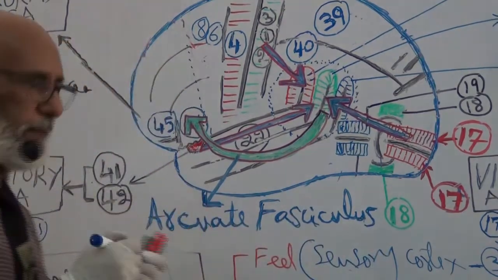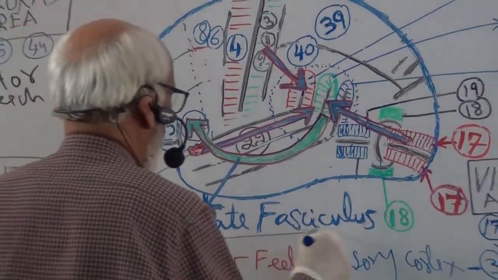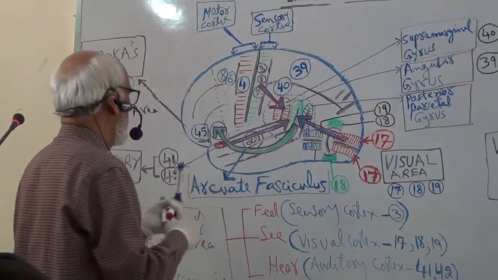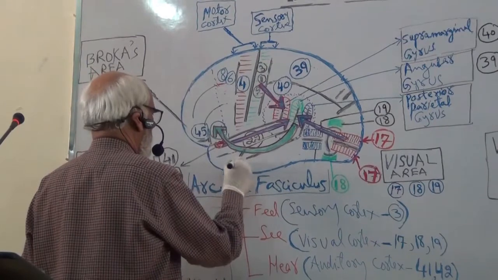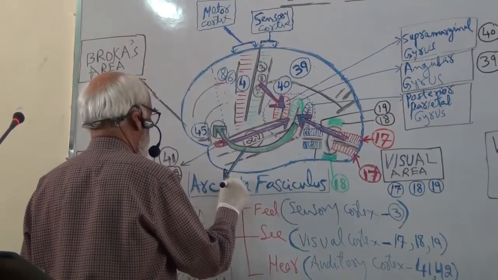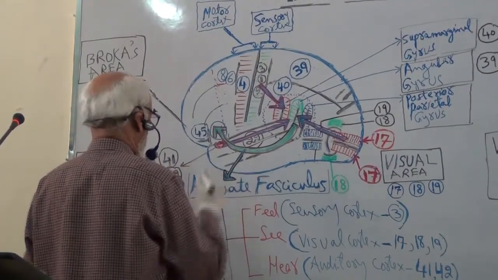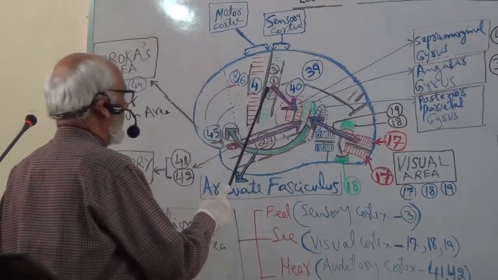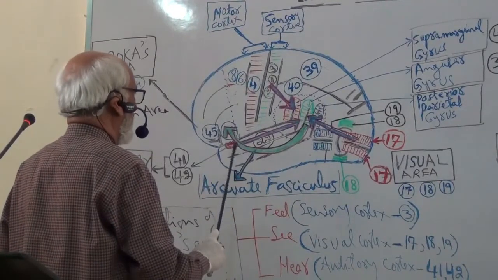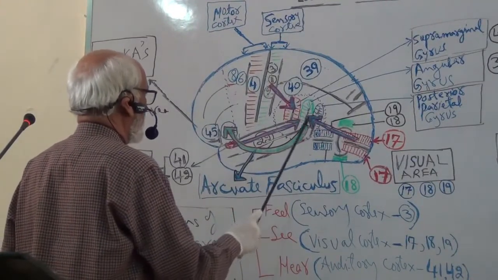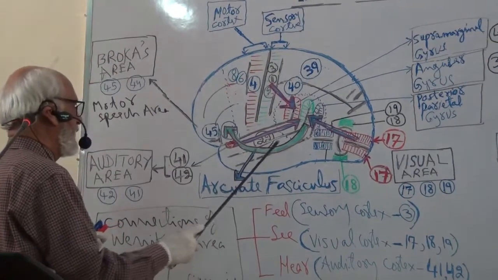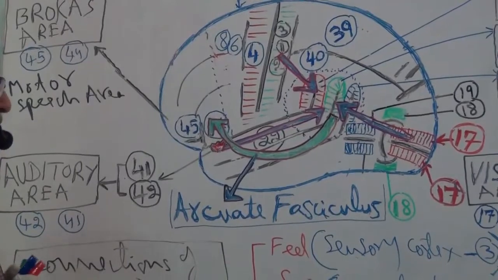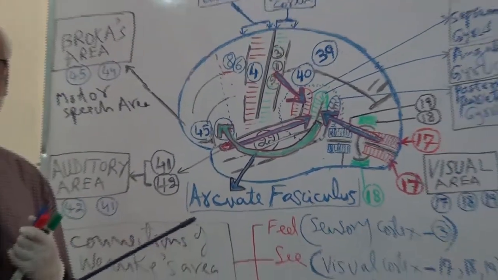So, the sensory speech area, receiving fibers from the nearby sensory cortex, auditory cortex, visual cortex, is connected by a bundle of nerve fiber tract called arcuate fasciculus with the motor speech area, area 44, 45.